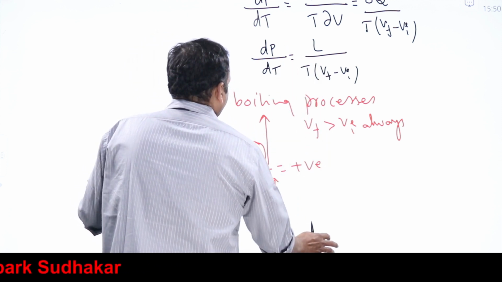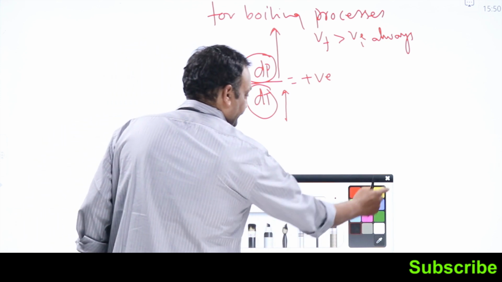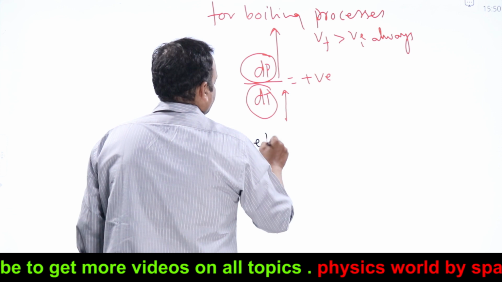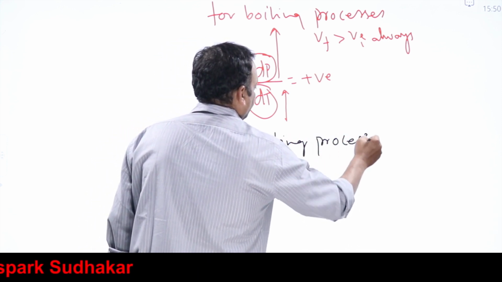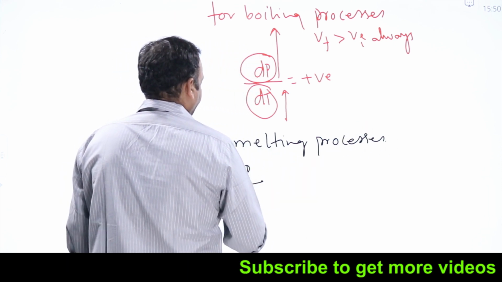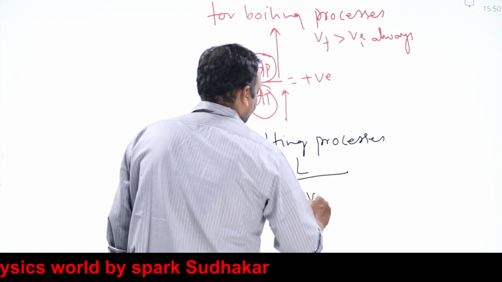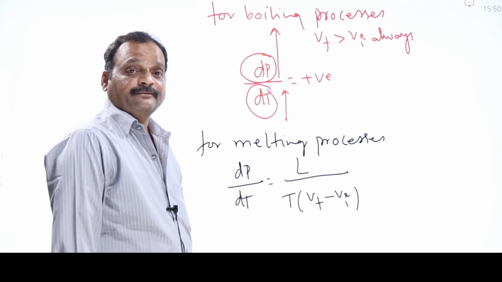For the melting process, meaning solids becoming liquids, here dP/dT is equal to L/T times (Vf minus Vi).